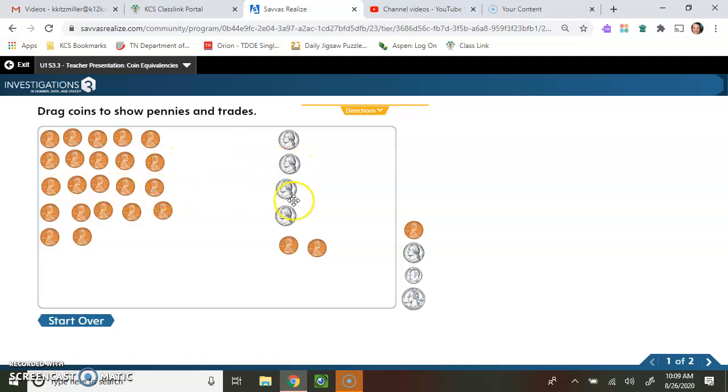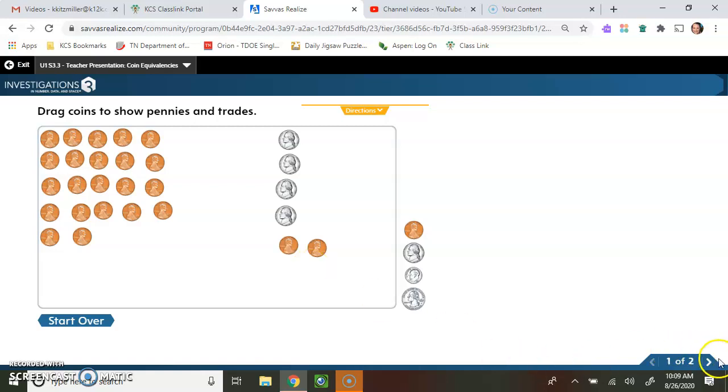These 5 pennies are equal to the third nickel. And these 5 pennies are equal to Lee's last nickel. And then we both have our 2 extra pennies. Absolutely. So if we roll 5 cents, you could take 5 pennies, or you could also take a nickel instead of the 5 pennies.